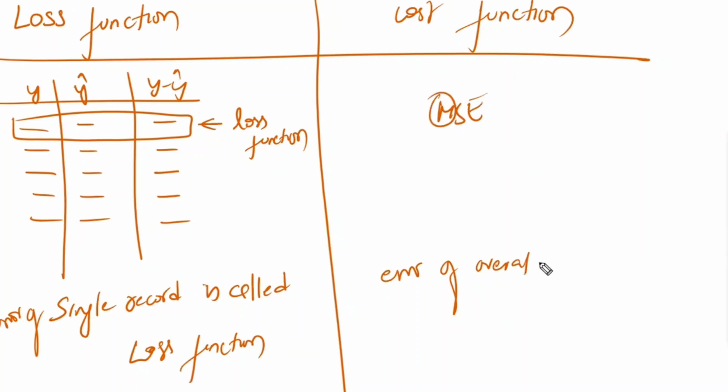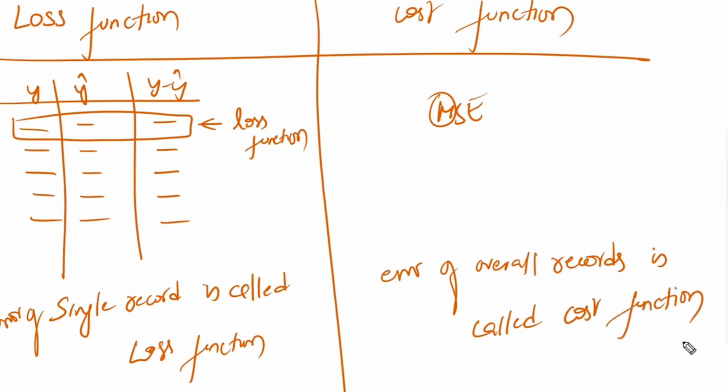The error of the overall records is called the cost function, which is nothing but MSE or RMSE or SSE, whatever it is. These are all overall measures, calculated over all records, not for a single record. Sum is overall, and mean means overall: the summation over all the records divided by the total number of records. It is not for an individual. Individual error is called the loss function, and the overall error is called the cost function.